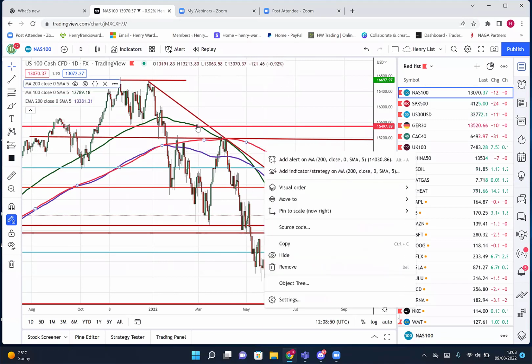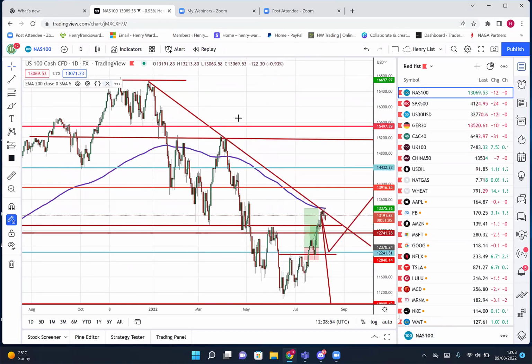SMA, delete this. So the simple moving average, or sorry, the exponential moving average. I know some of you guys use the simple and the exponential. The difference between the two of them is the exponential is more weighted to what is happening.